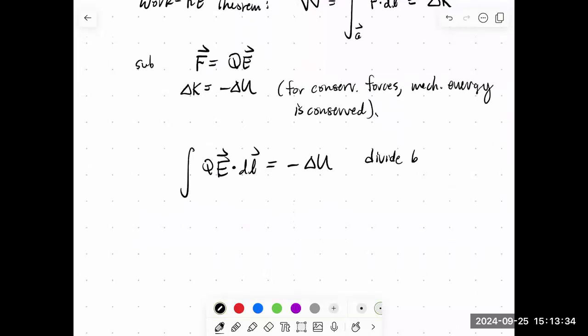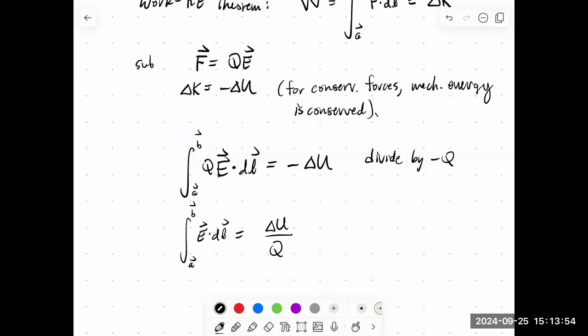And so we'd have the integral of E dot dl is equal to delta U divided by Q. And let me put my integration limits in. Okay, so that's fine.